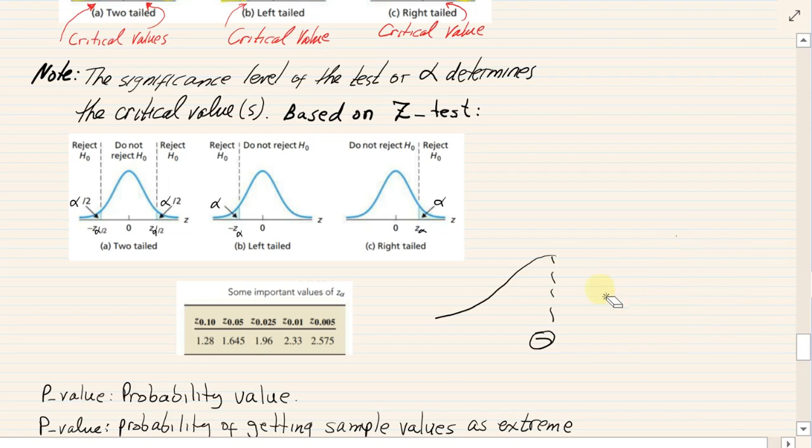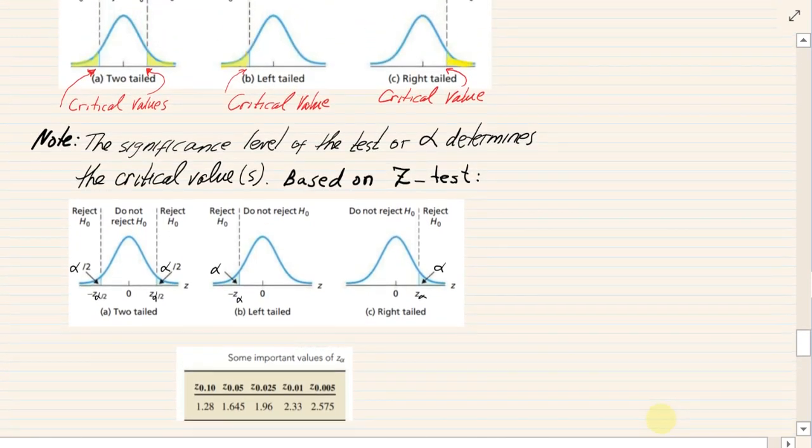Now, let's take a look at the other approach, which is a much better approach. One thing, by the way, this critical value approach does not do: it doesn't tell me the strength of the evidence against the null, how strong of an evidence we had, whether we rejected the null or not.